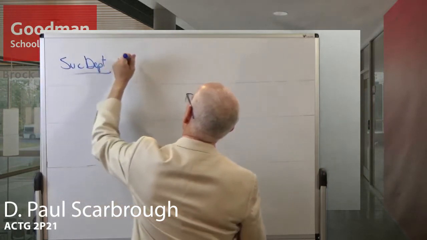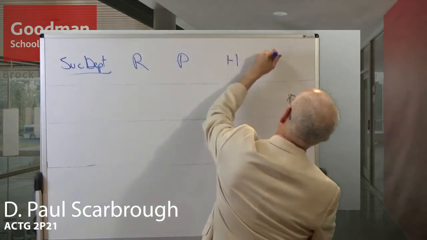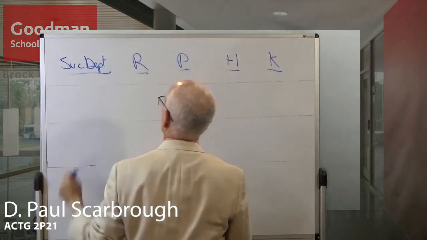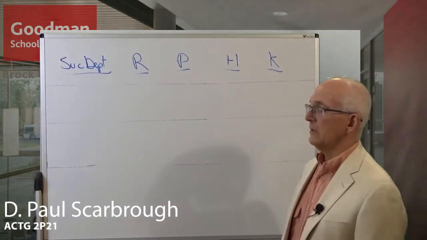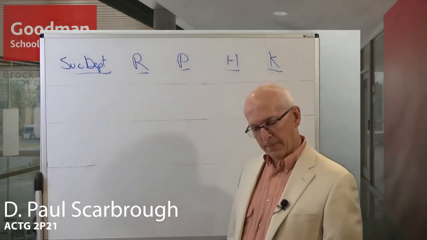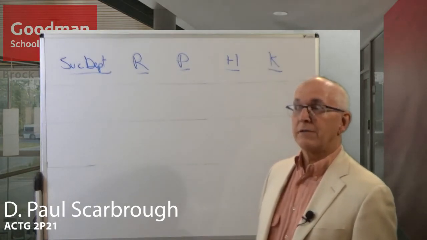So we have the service department, we have Rockford, Peoria, Hammond, Kankakee. These are all really famous cities in the US. They're little towns, but in the 1920s and 30s, they were on the vaudeville circuit.